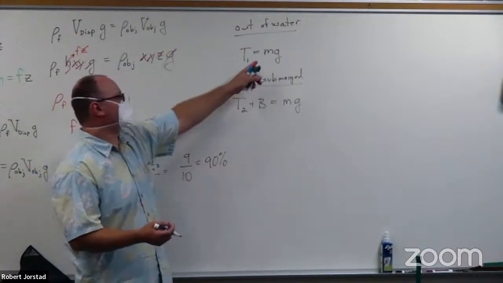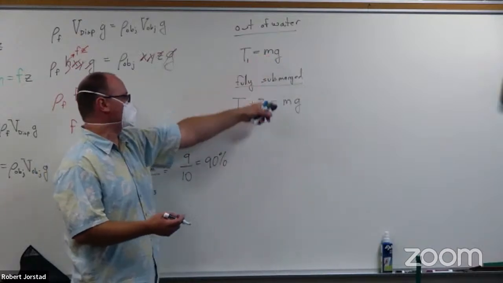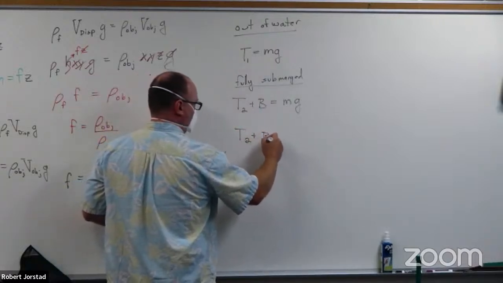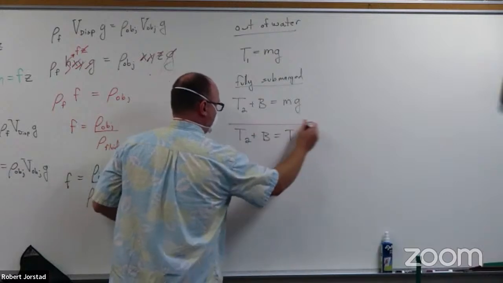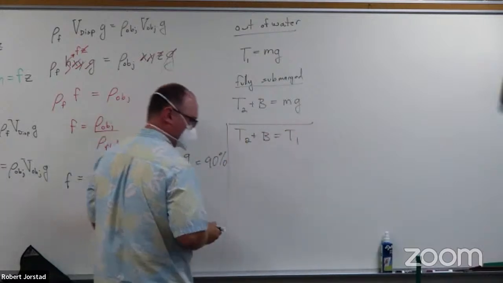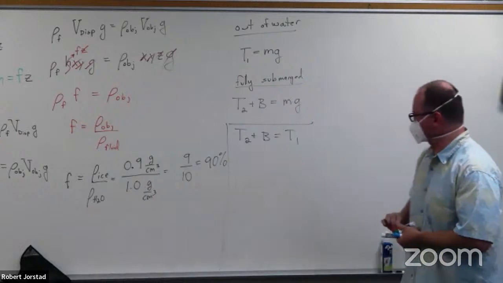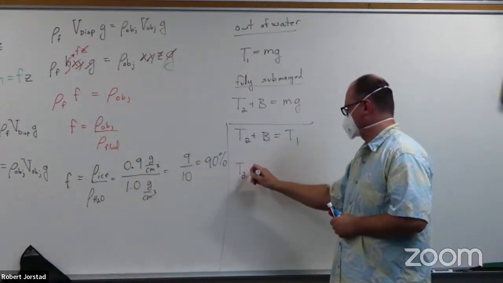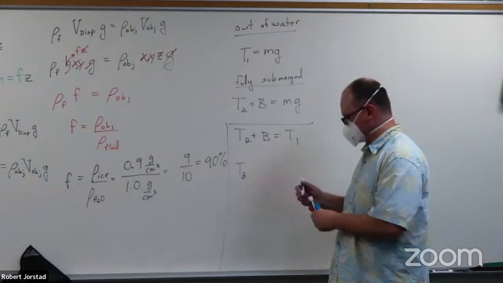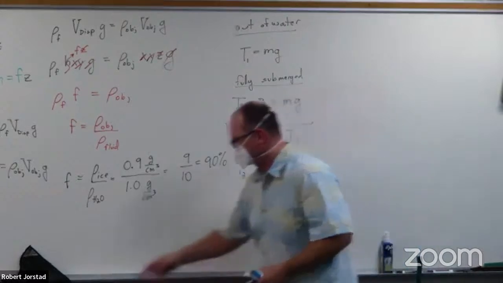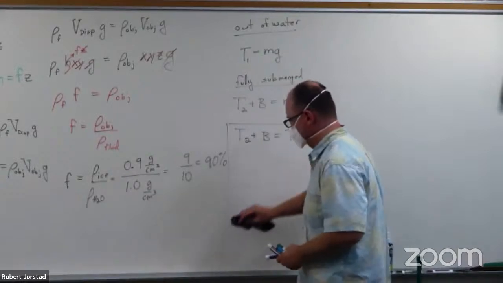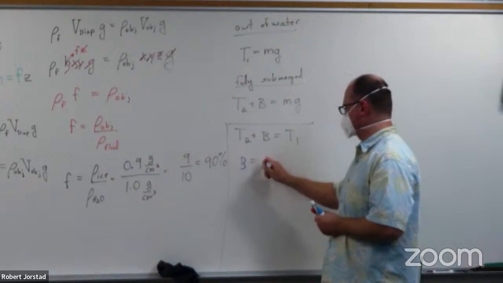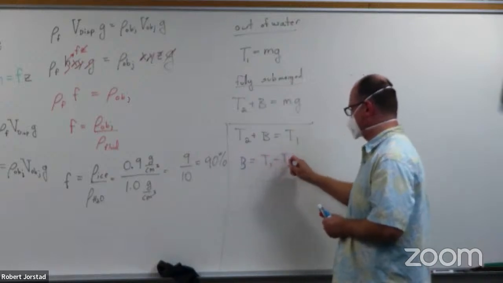Well, if I eliminate mg using T1, I get T2 plus buoyant force equals T1. Let's do it this way. Buoyant force is equal to T1 minus T2.